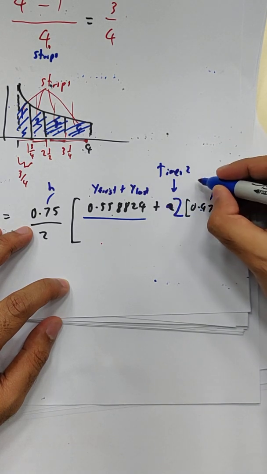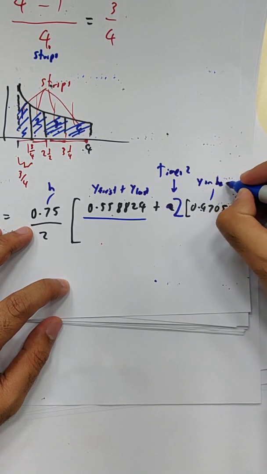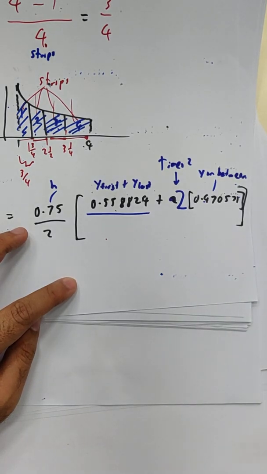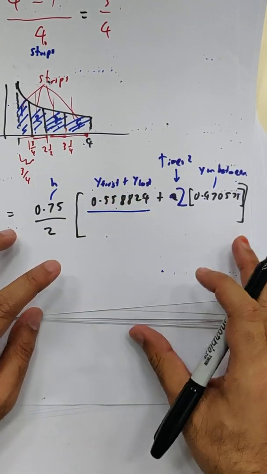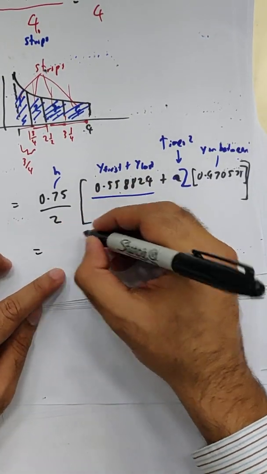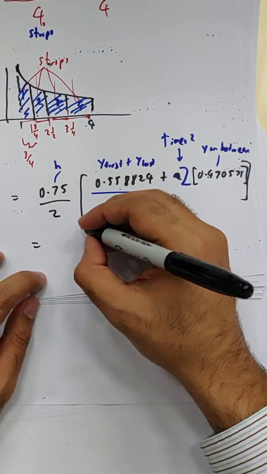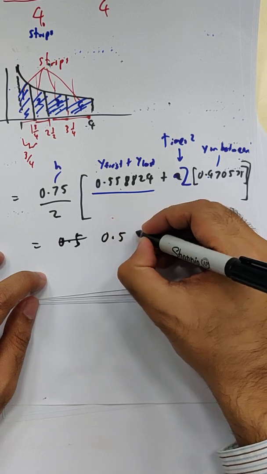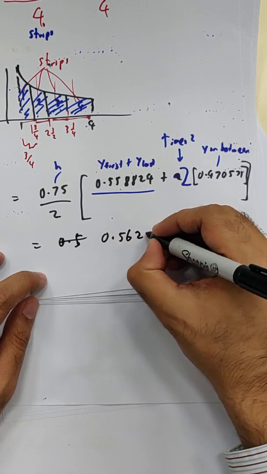And this one here, y in between. Okay, and divide by 2. Just press in your calculator, you should get yourself 0.5625.